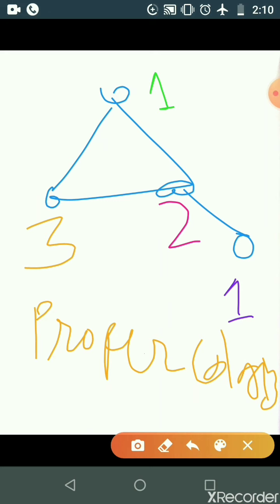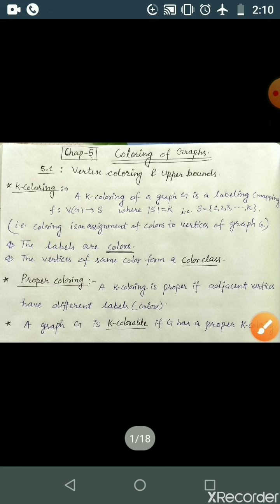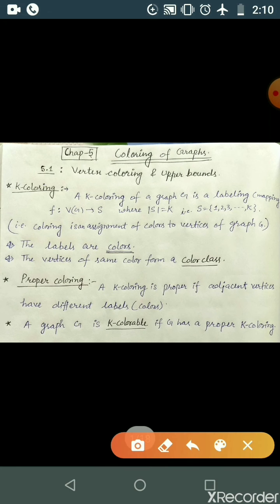And you can call it proper 3 coloring, because here we are using 3 colors. So here the vertices of the same color form a color class. That's already discussed, and we have also discussed that a K coloring is proper if adjacent vertices have different colors.